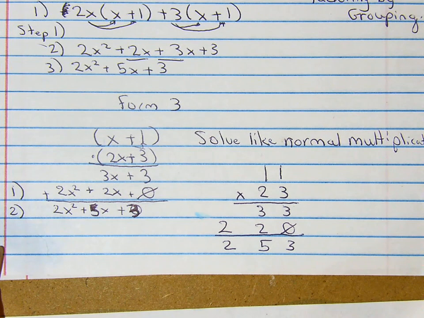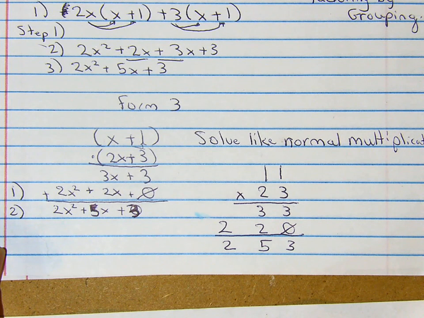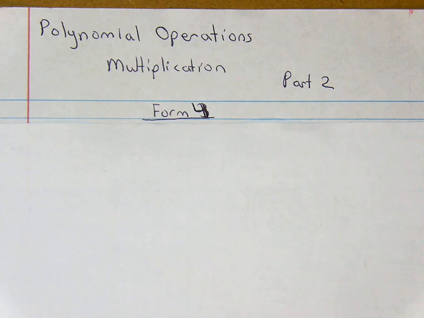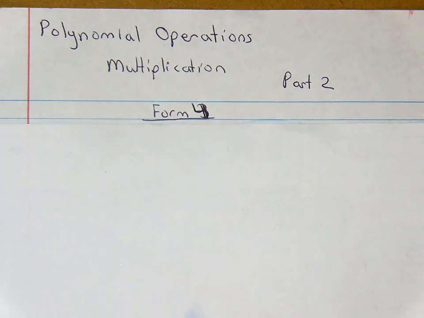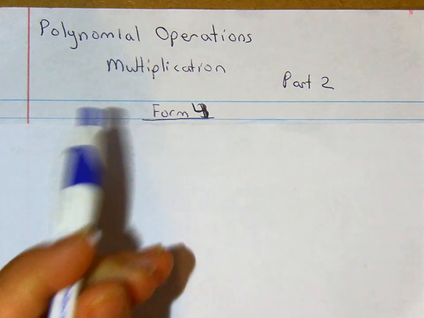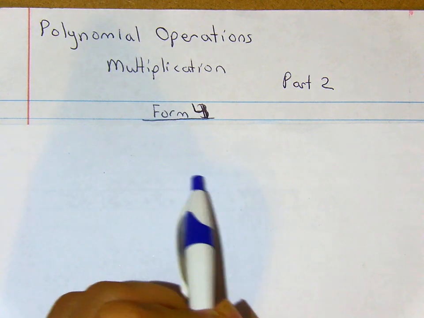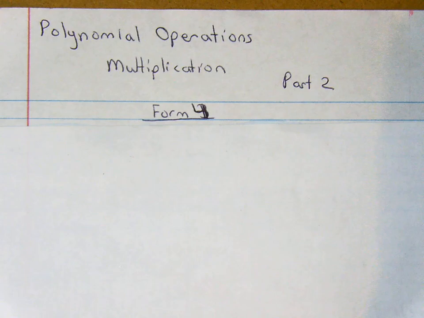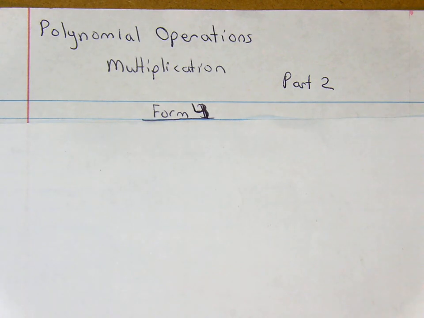Okay, and so let's go on to form 3, or excuse me, form 4. So we have form 4, and this one actually is going to be the closest connector that you're going to practice between multiplication and division.